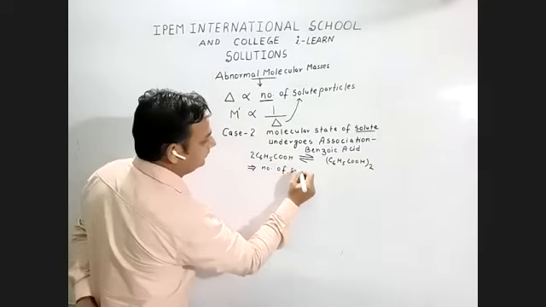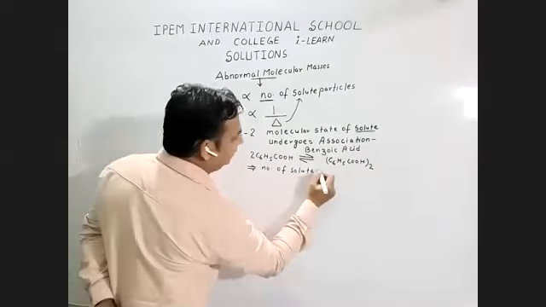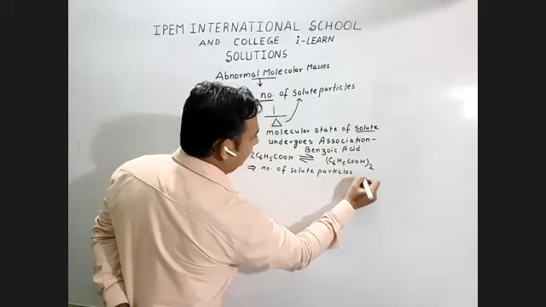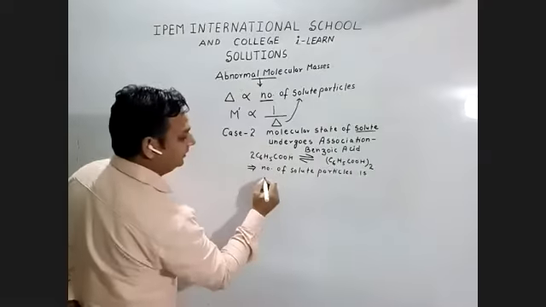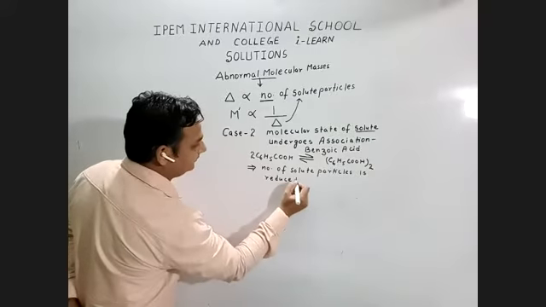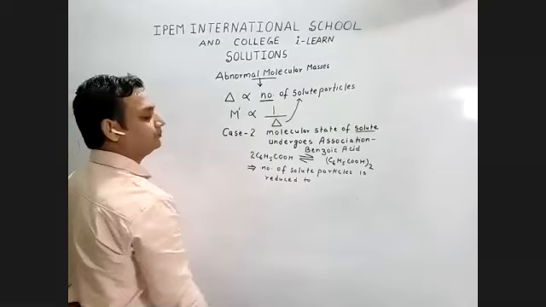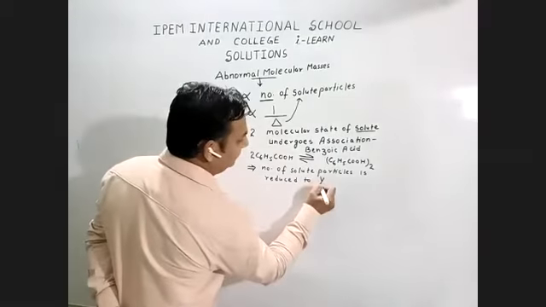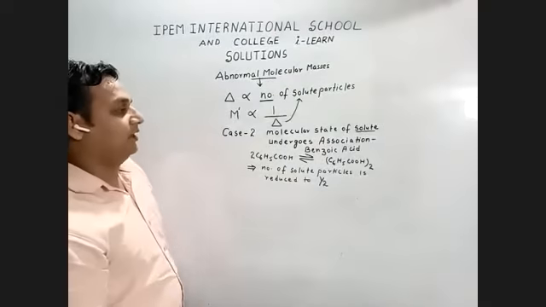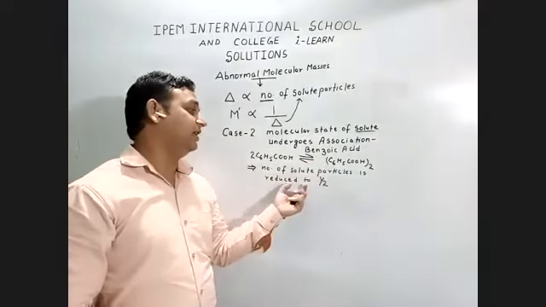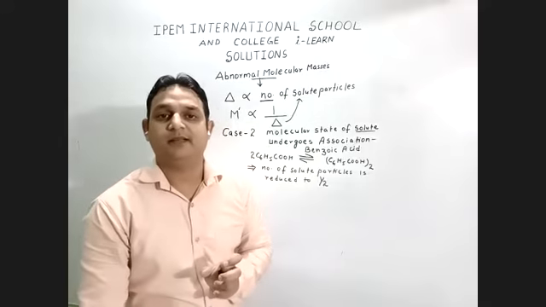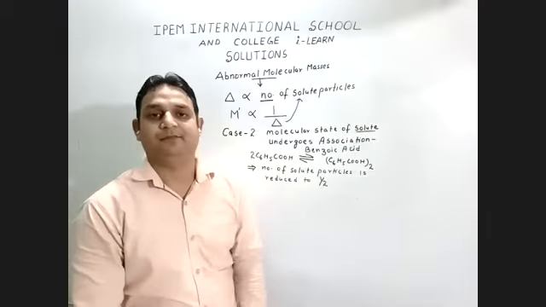The number of solute particles is reduced to 1/2. So in case of association, the number of solute particles is decreasing.